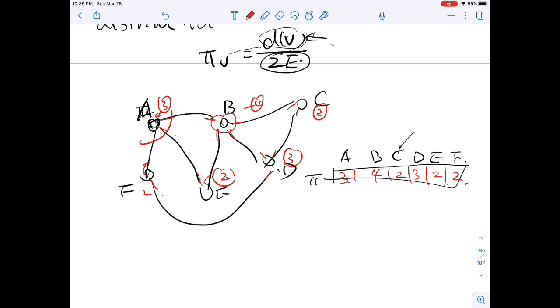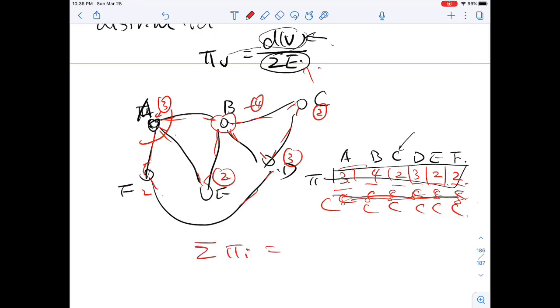Then I need to divide by some constant, which is 2 times the number of edges. The number of edges here is 1, 2, 3, 4, 5, 6, 7, 8, so divided by 8. But from time to time, this constant doesn't matter too much. If I don't know the constant, let's say it's divided by the same C. I just need to make sure that the sum of the pi i equals 1, so 3 plus 4 plus 2 plus 3 plus 2 plus 2 divided by C is going to be 1.